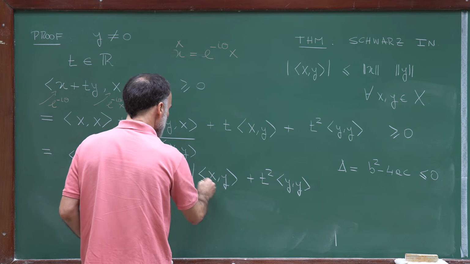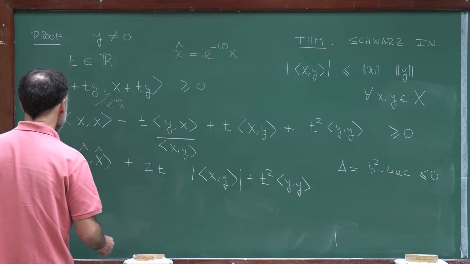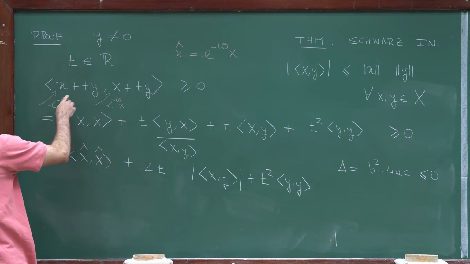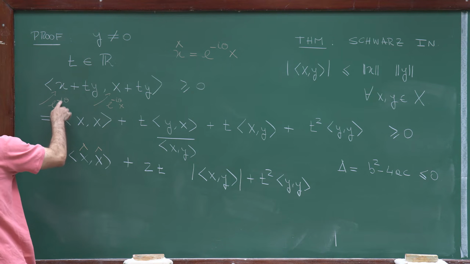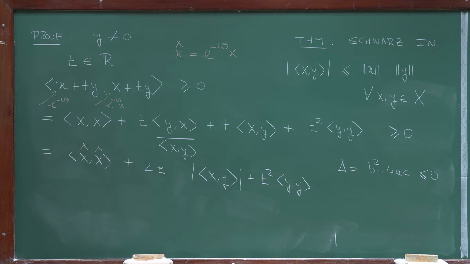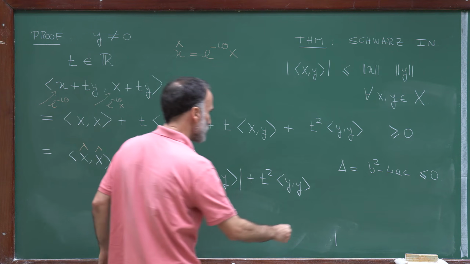What we obtain is that we have this identity in which, instead of x, we have x hat. And this is always non-negative.